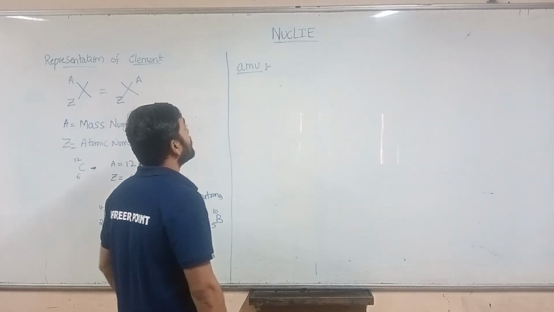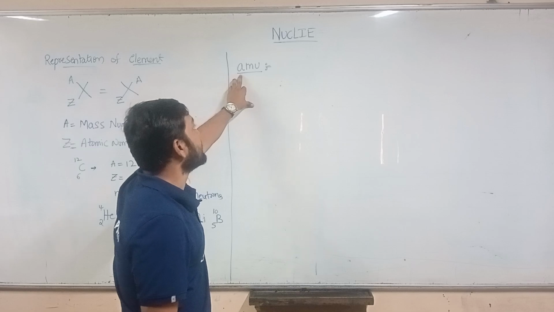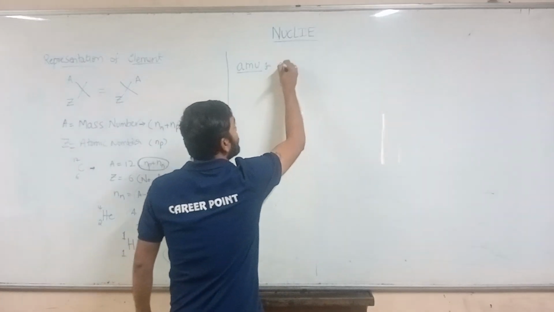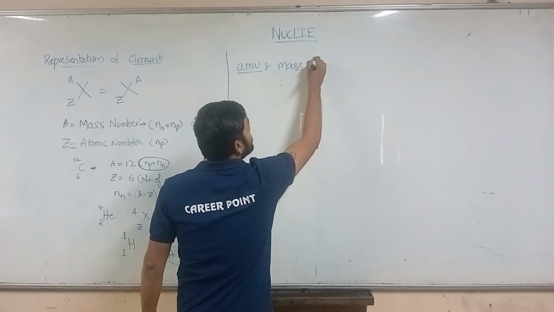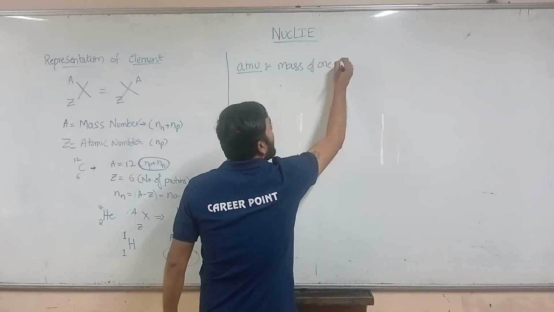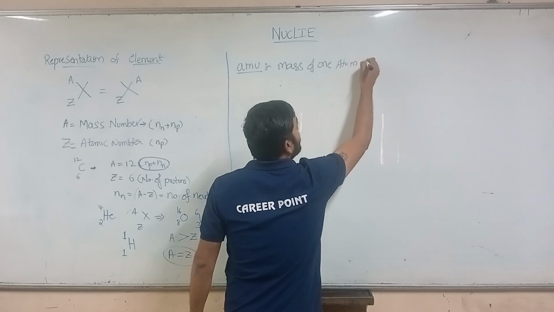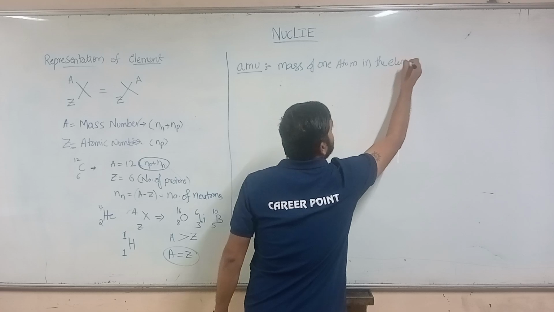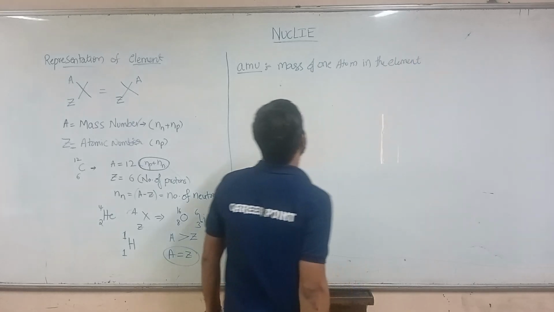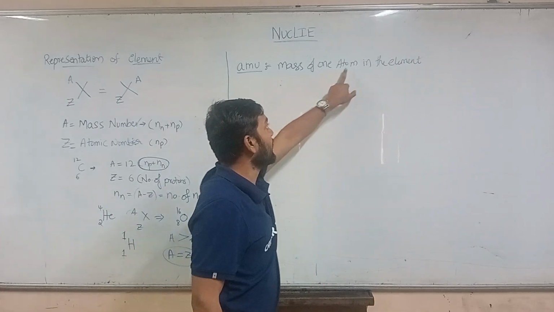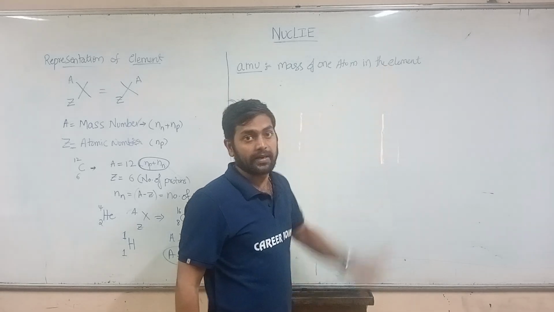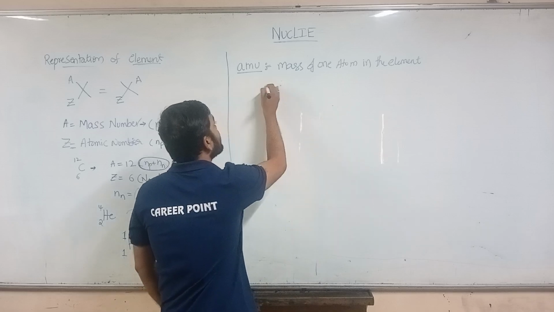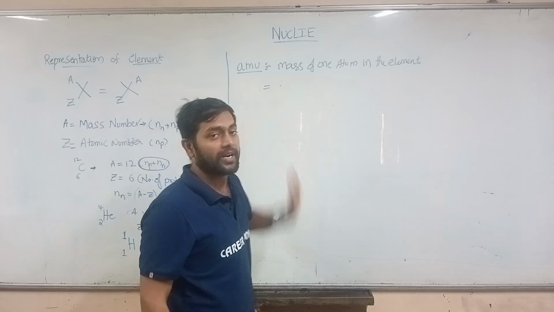The atomic mass unit is the mass of one atom in the element. So the mass of one atom in the element is called one atomic mass unit. So we will take the mass of one atom.